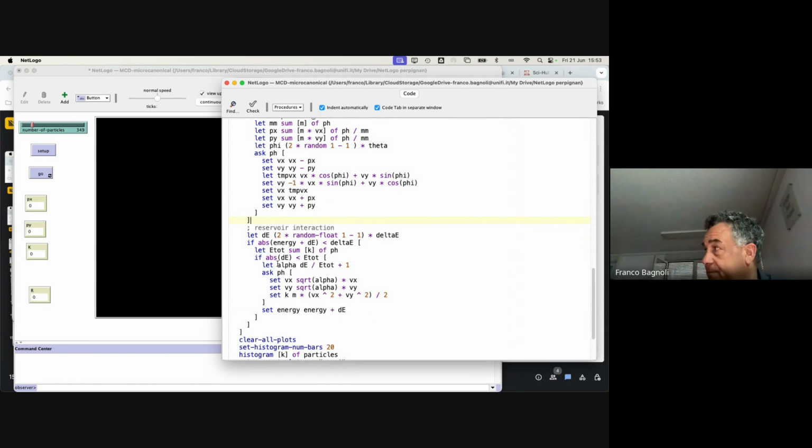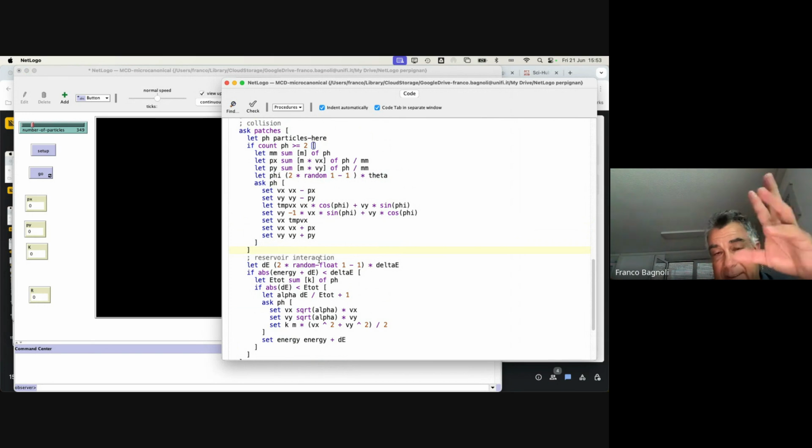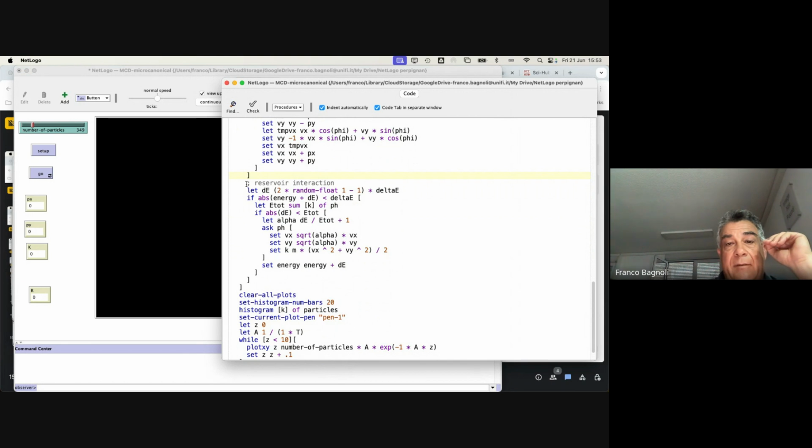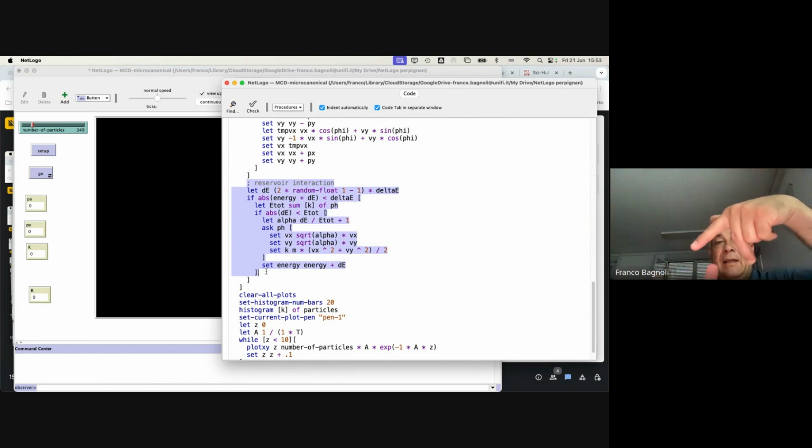So now I said, okay, this is a trick used in several places. The problem is that, given a local configuration of these particles, it is difficult to find another configuration with exactly the same energy, exactly the same Vx, and exactly the same Vy.